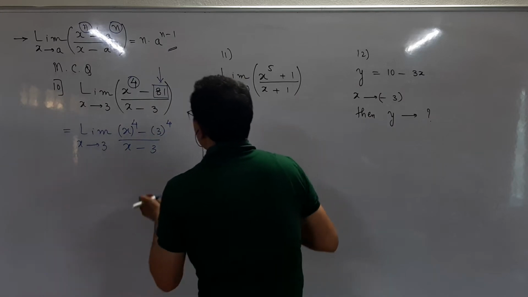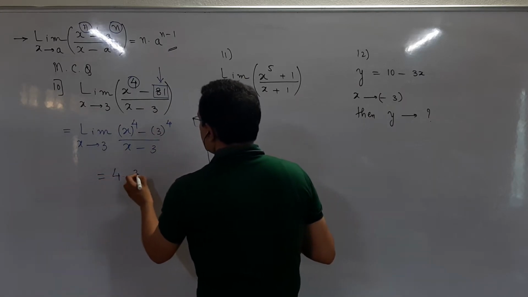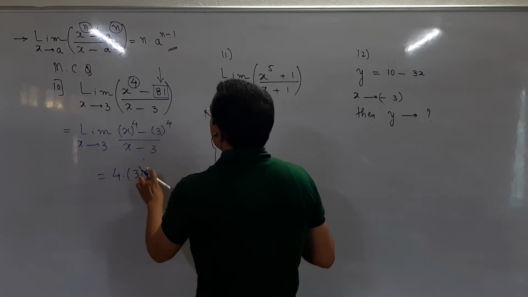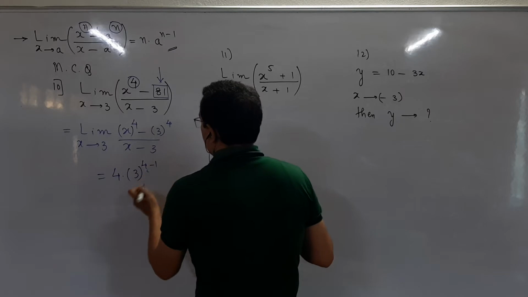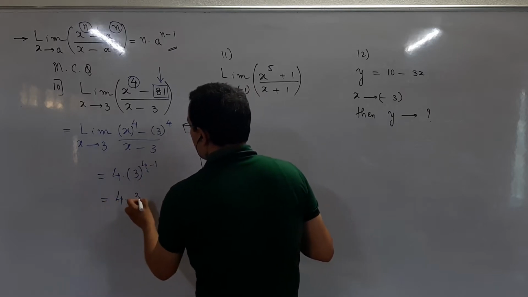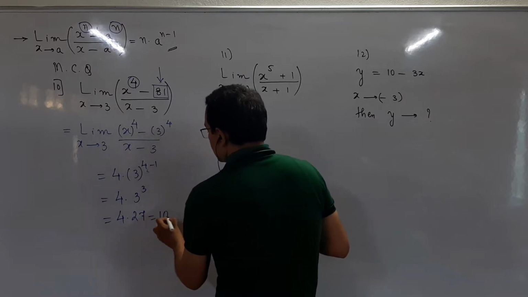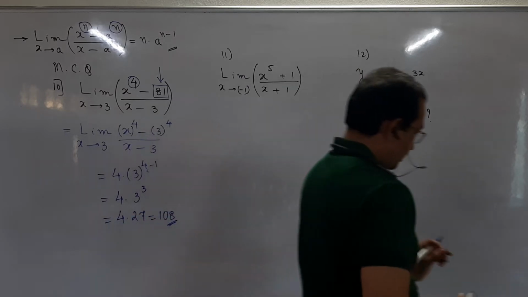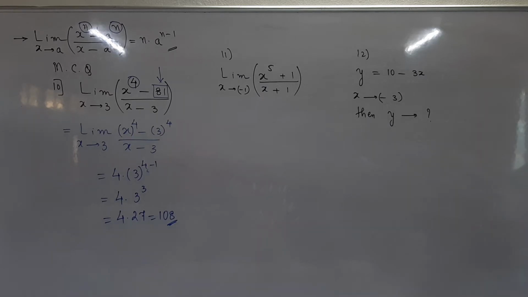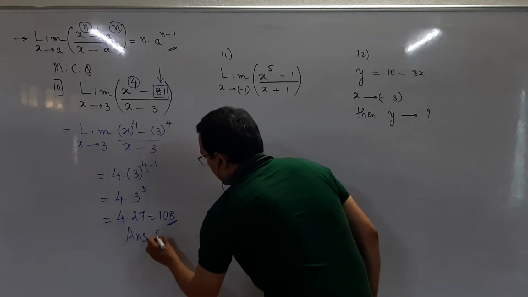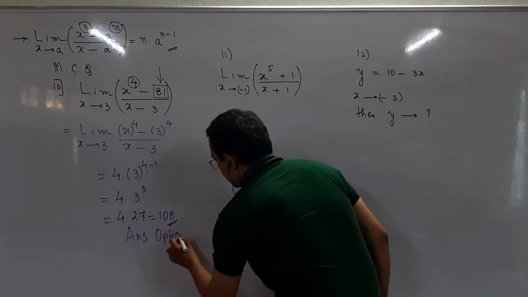Our n is 4, a is 3, so n minus 1 will be 4 minus 1, so 3. So this will be 4 into 3 cube, so 4 into 27. So this answer, students, is 108. And according to the option, the correct answer is option D.